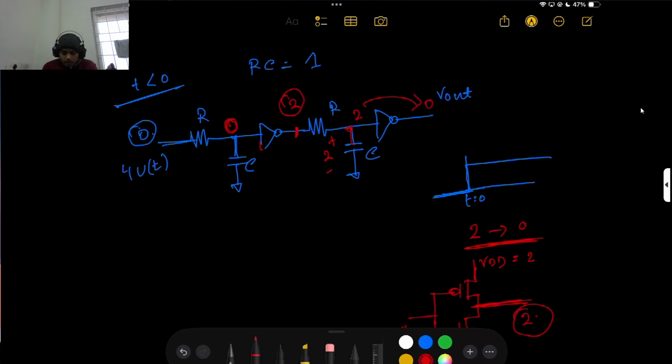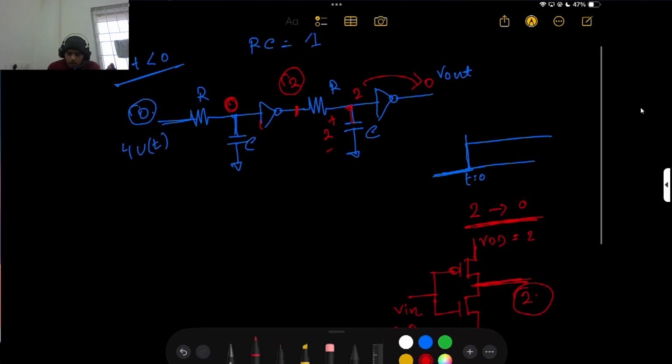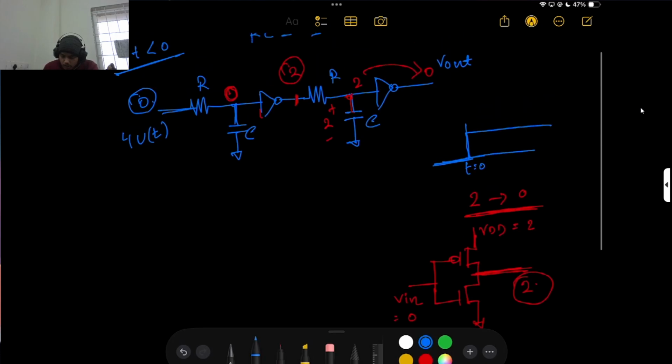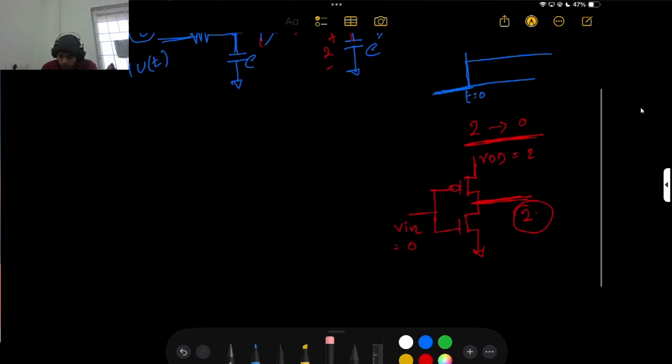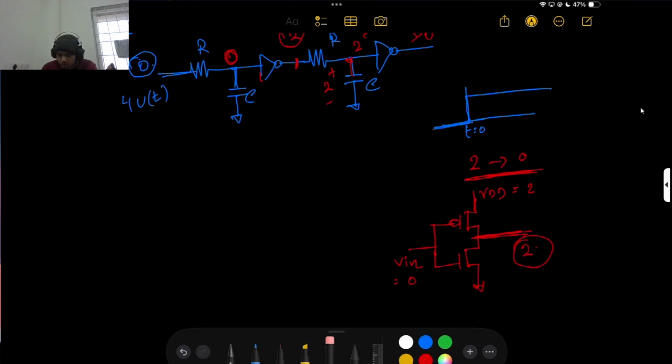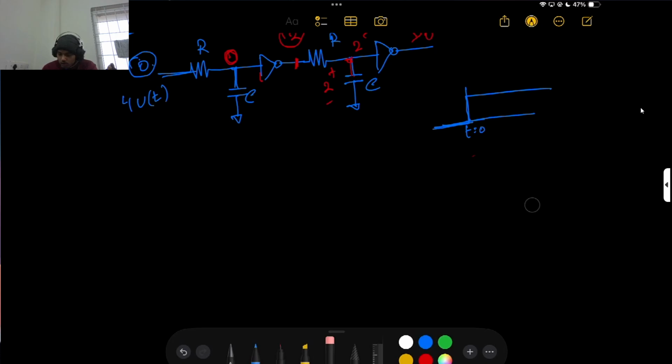So this is my T less than 0 case. But before starting T greater than 0, I remove this part. I hope you understood how the CMOS inverter works, and the idea of how VDD goes to the V out of the inverter.